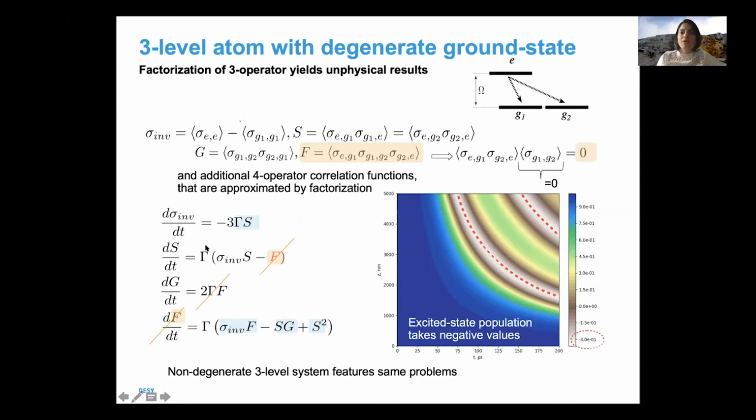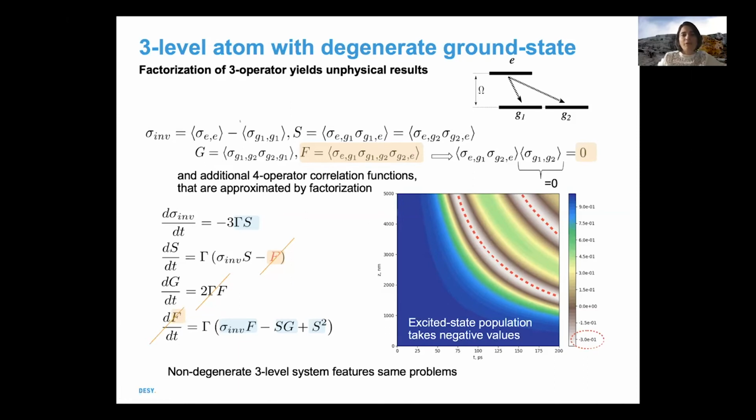If you consider this degenerate lambda system, where you have 2 degenerate ground states with orthogonal coupling matrix elements to this excited state, you see that you actually need to treat 3 operator correlation functions and even 4 operator correlation functions in this treatment.